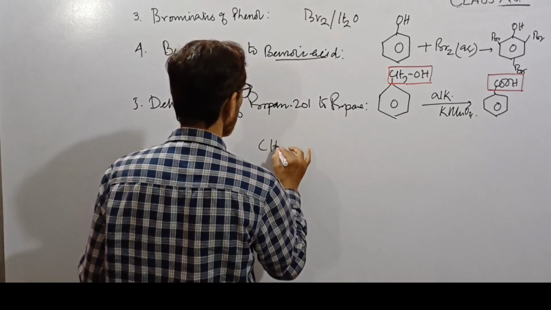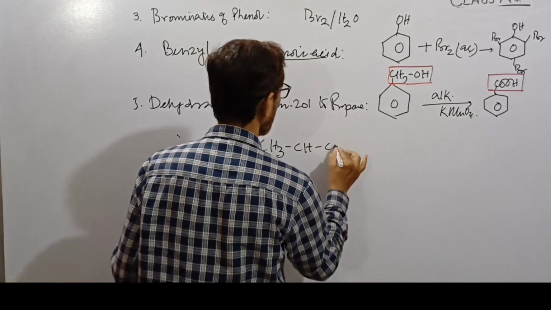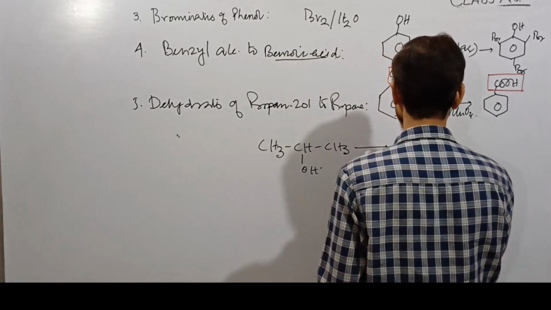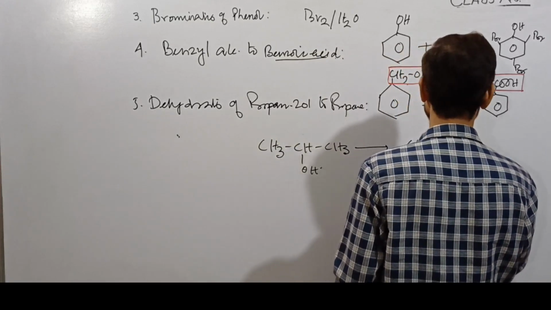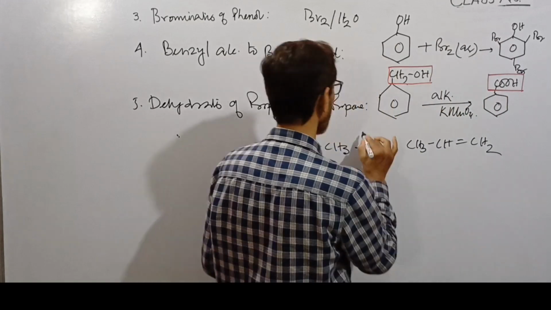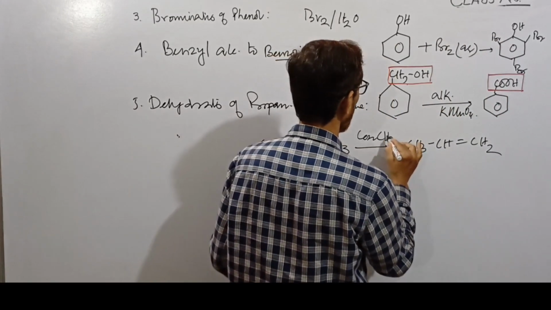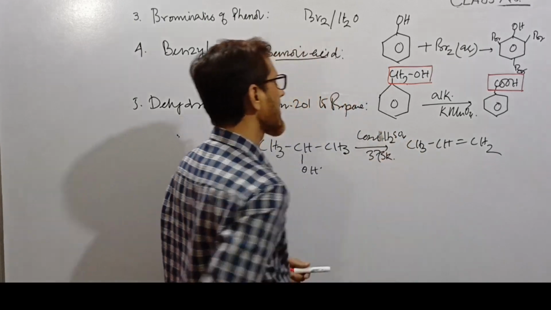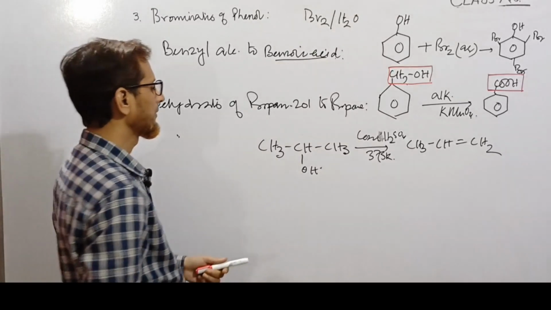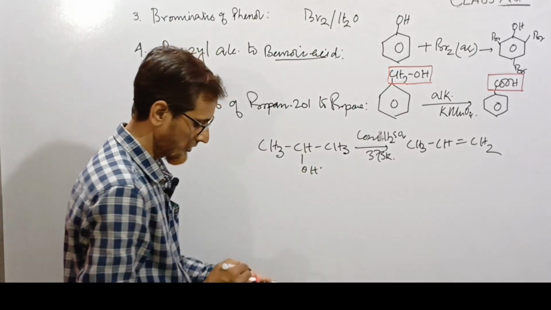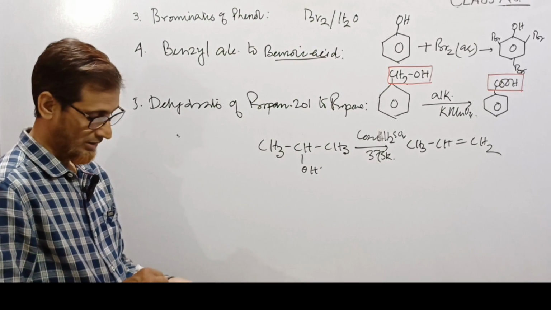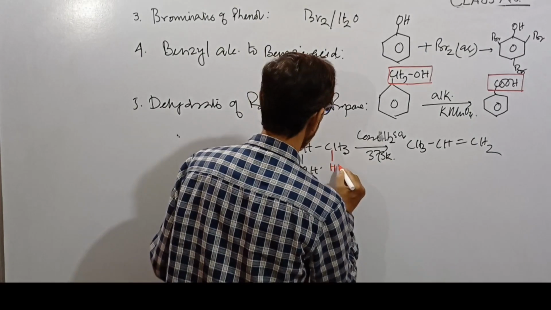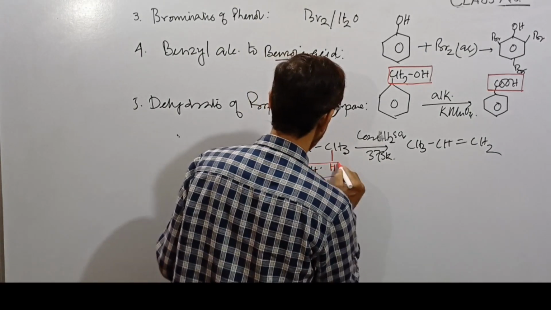Propanol, CH3, to propene, and it is a very common reagent, H2SO4, and you just mention the temperature. Propanol to propene, water is removed. The dehydration reagent is sulfuric acid, and here that things occur, for your clear understanding.